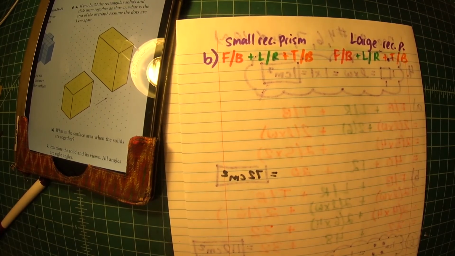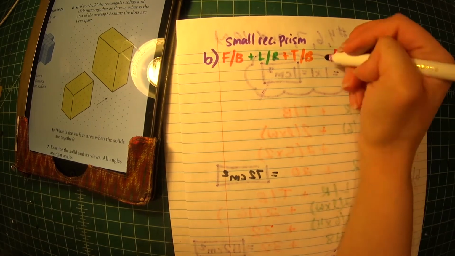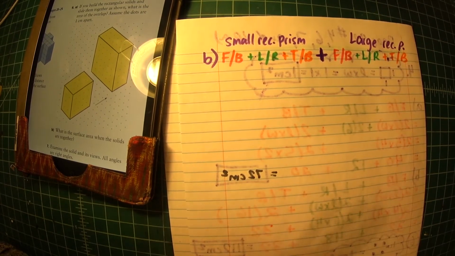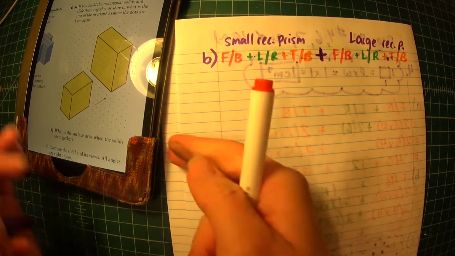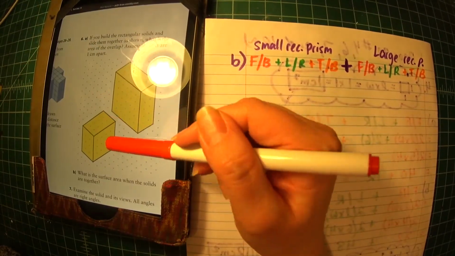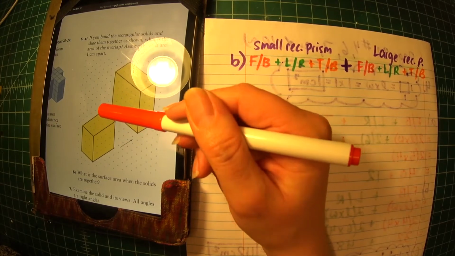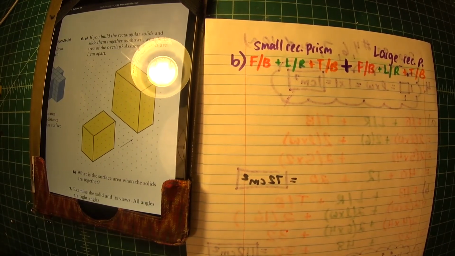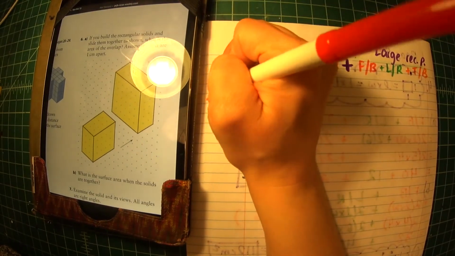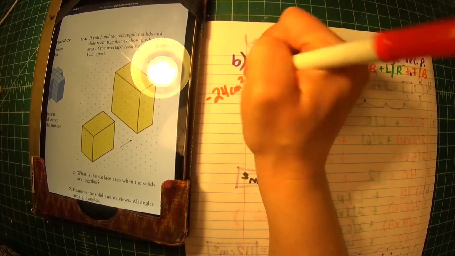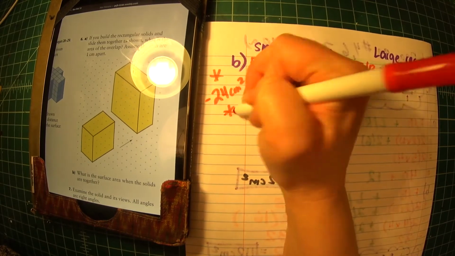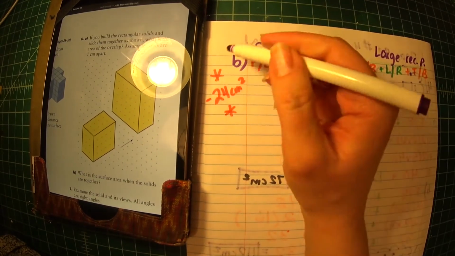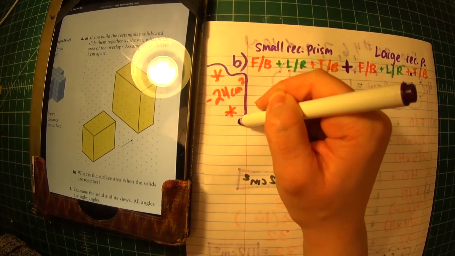Of course, we'll add them up because we're looking for the area of them once they're attached. We just can't forget to subtract the area that we lost by pushing them together, because we're going to lose those two faces that we calculated in number 1. So we're going to lose that 24 centimeters squared. I'm just putting it here so I don't forget about it.